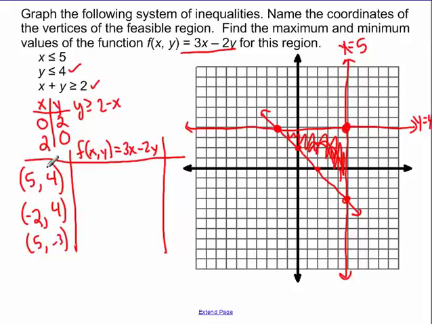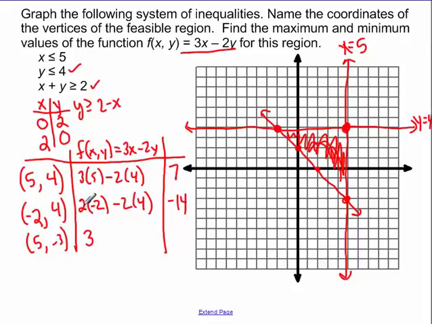Now it's just a matter of plugging in your x and y points. When I plug in that point, we get 7. Now when I plug in negative 2, we get negative 14.